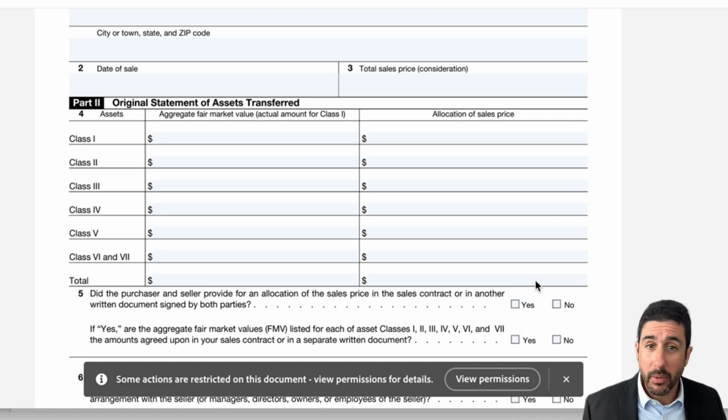One says they bought, one says they sold. And we really want those to match, right? We're looking to not get flagged for an audit. So could they not match? Yes. Does that raise the possibility of an audit? Possibly. So let's avoid that, right? Let's agree and have this form filled out and have it agreed upon in advance.